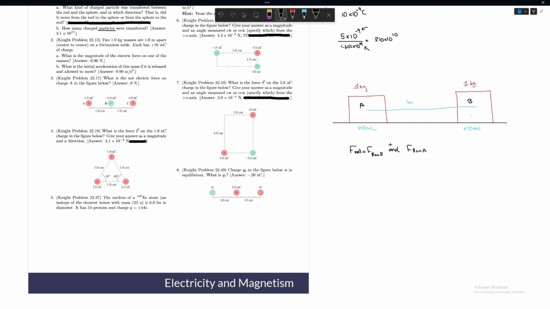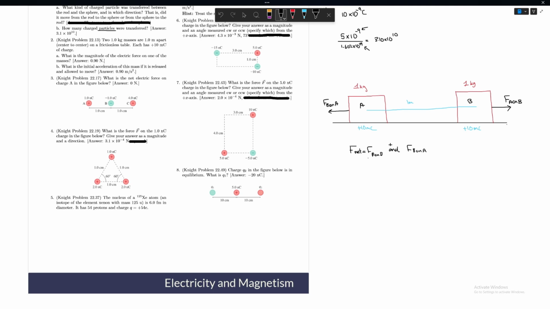Right? And so since we know the charges are the same, they're both positive, that means they repel. So the force is actually this way. And we determine that using what charge it is. If it's negative, positive, it attracts; positive, positive, it repels. And so this force is B exerting on A. And this is the opposite, of A exerting on B.